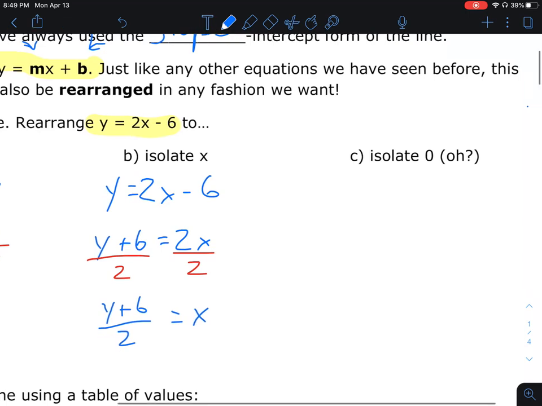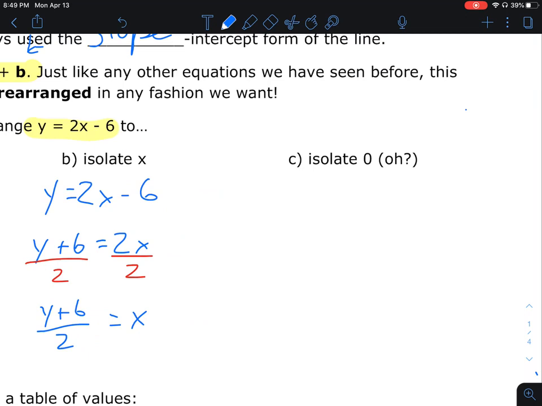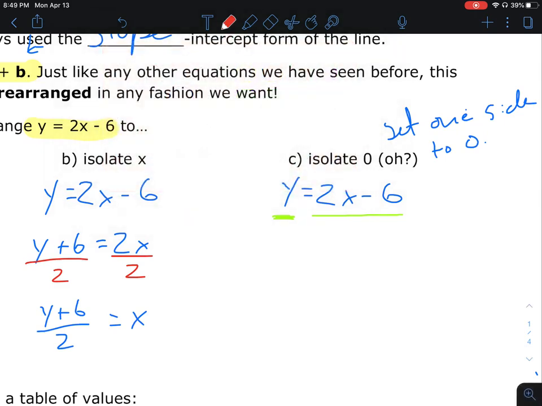When we talk about isolating for 0, we're also talking about setting one side to 0. So what that looks like in this equation, y equals 2x minus 6, I'm looking for either the left side or the right side to be equal to 0. Now, how do we get a side equal to 0?